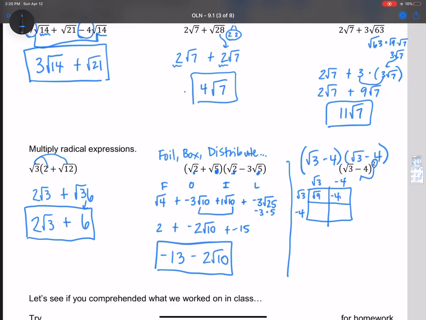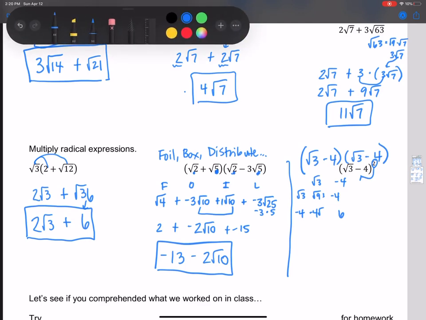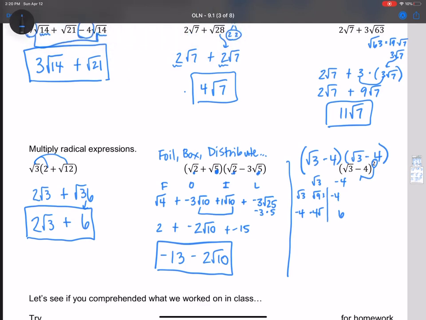This is -4 square root 3, -4 square root 3, and this would be -4 times -4 is 16. If you notice, these are going to be like terms because the square root of 9 is really just 3. And these guys are like terms. Let me rewrite all that.